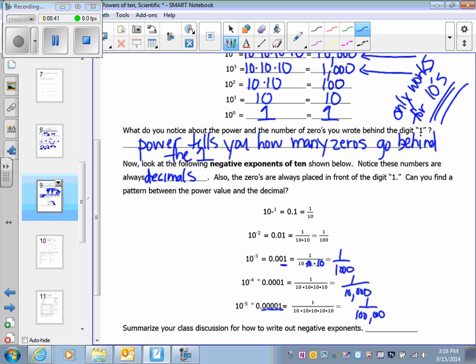What you will notice is these values are the same as the above values except over 1. Okay? So if you know 10 to the 2nd, for example, you know that 10 to the negative 2nd will be 1 over 100. Okay? Because it's the reverse. 10 to the 2nd equals 100, so 10 to the negative 2nd is 1 over 100.